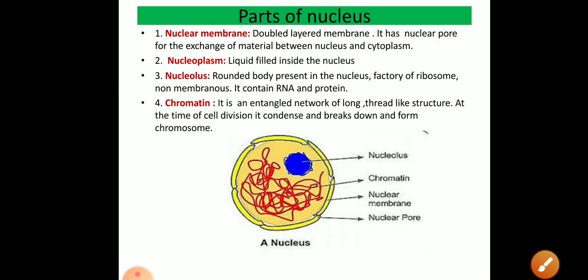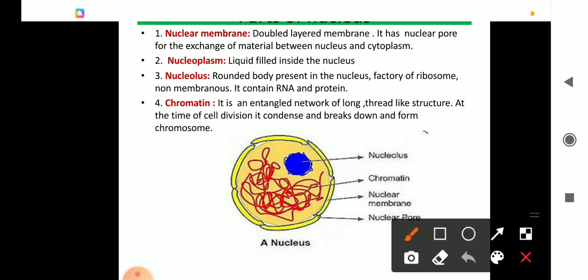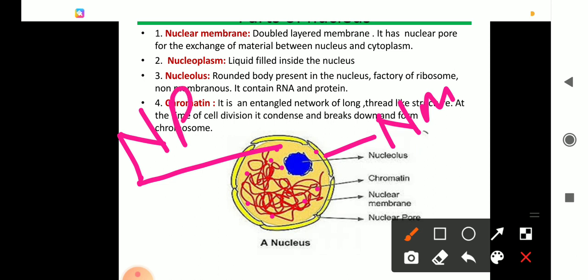Okay, now see the parts of nucleus. Now see the structure. Actually, nucleus has four main parts. The outer layer is called nuclear membrane, right? And the liquid which is filled inside it is called nucleoplasm, right? And with blue color, you can see this dark, dense body, darkly stained.